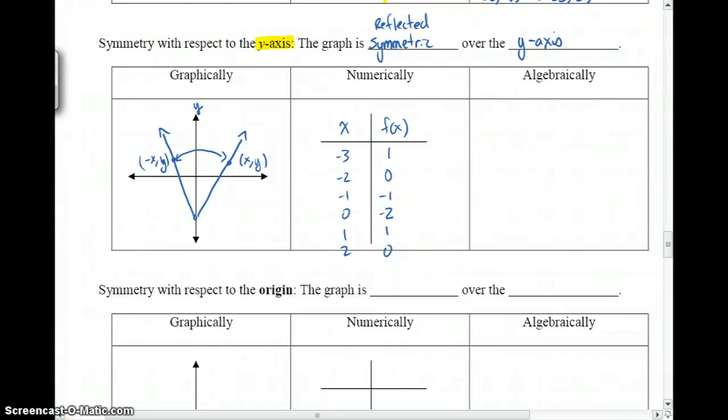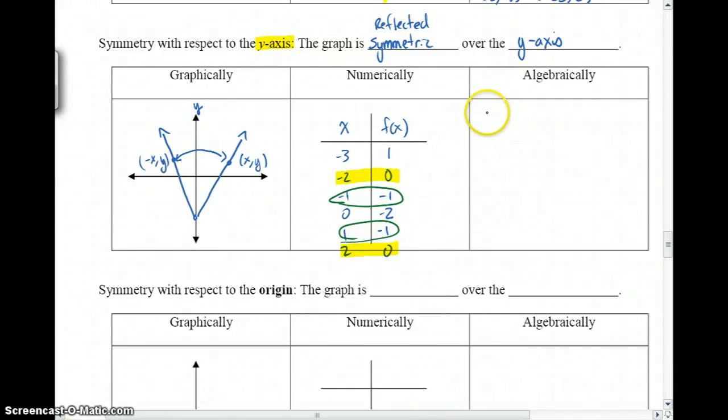You'll notice that there are pairs here. The negative 2, 0 and the 2, 0 are together. We have our negative 1, that shouldn't be negative. Oh, there's a mistake. This should be negative. Okay? So the f of x value should be the same, but the x value changes.